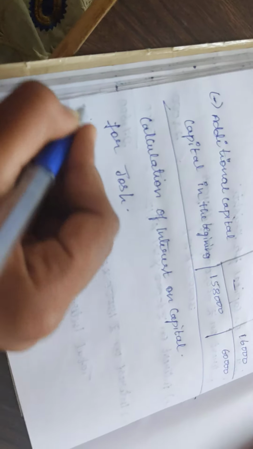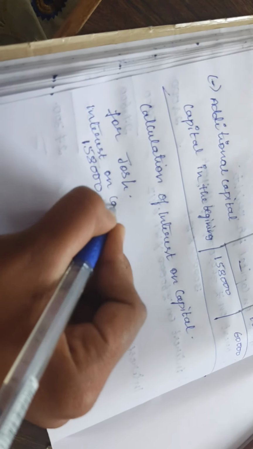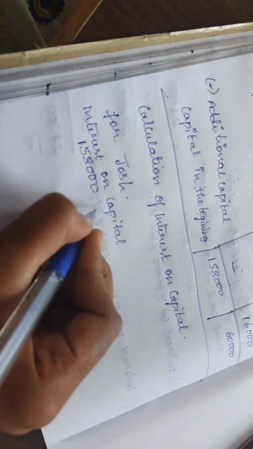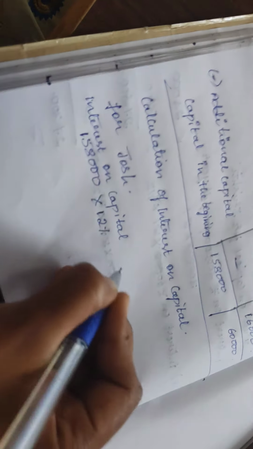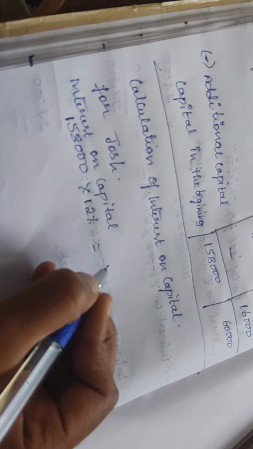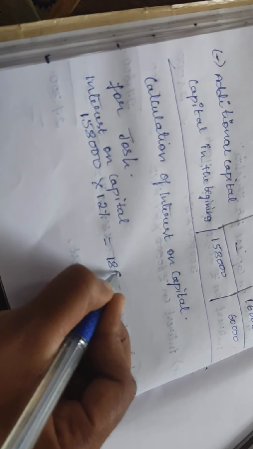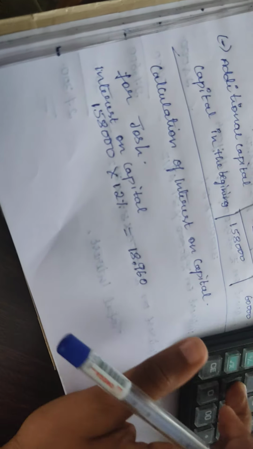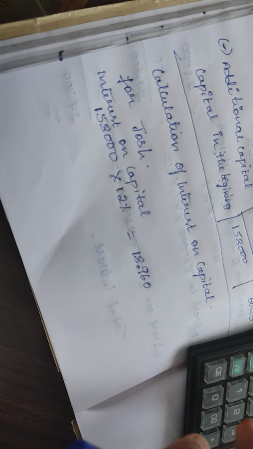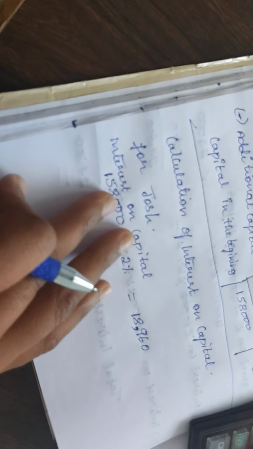So this is interest on capital: 1,58,000 into 12% is 18,960. Correct? So we have calculated the interest on capital for Josh.